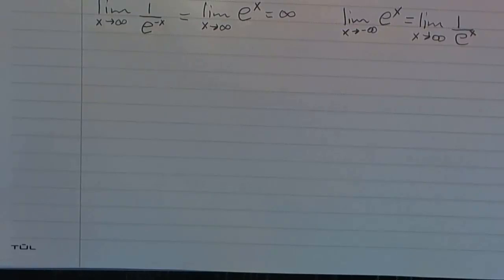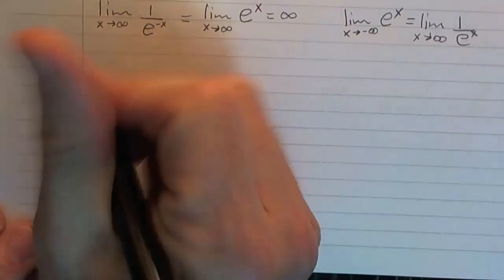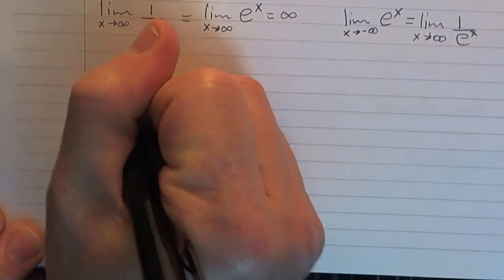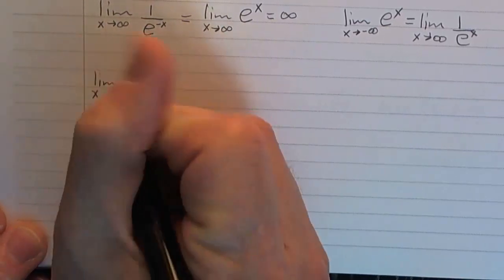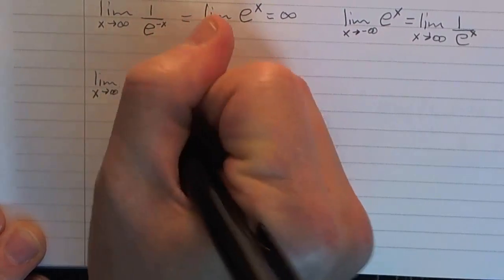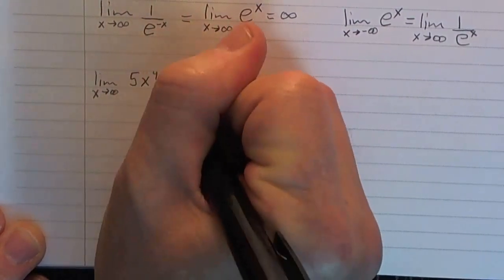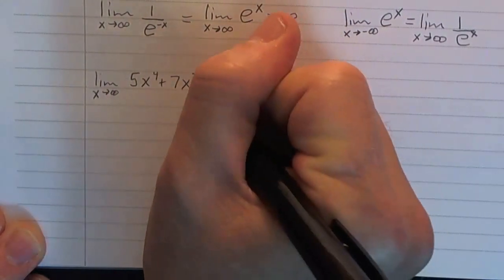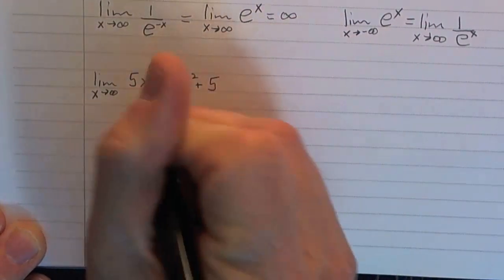Okay, so some examples here very quickly. Let's suppose that we've got the limit as x goes to infinity of 5x to the fourth plus 7x squared plus 5.